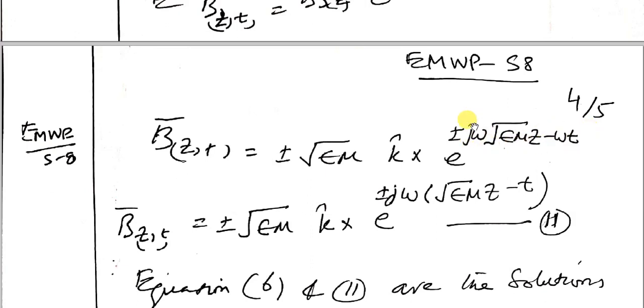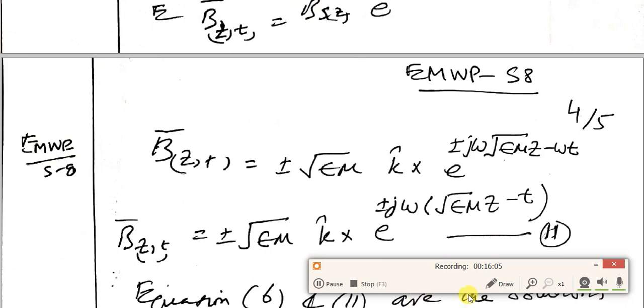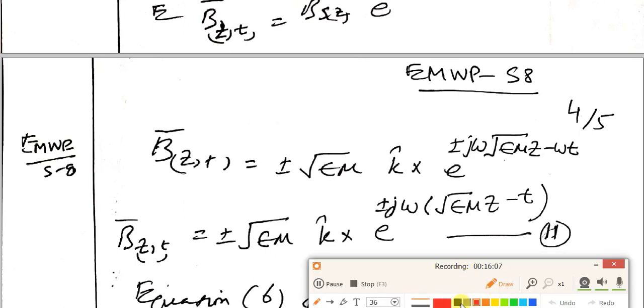We can put a bracket here, so here we should put something like that. Here the j is common.